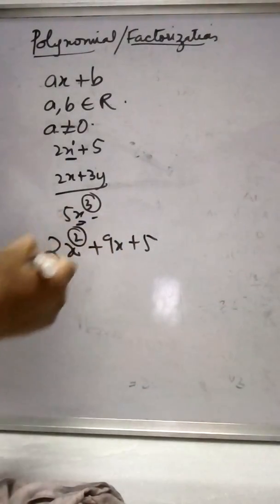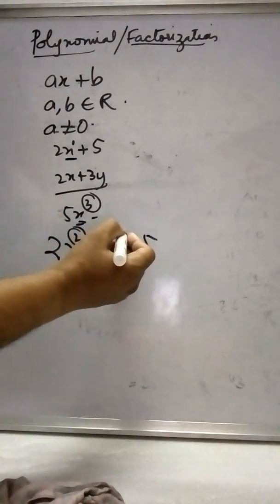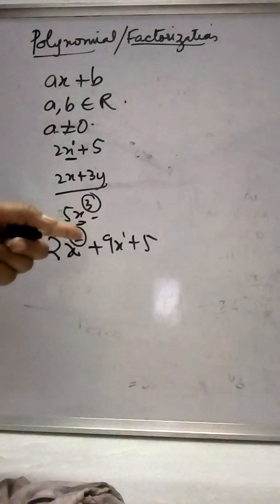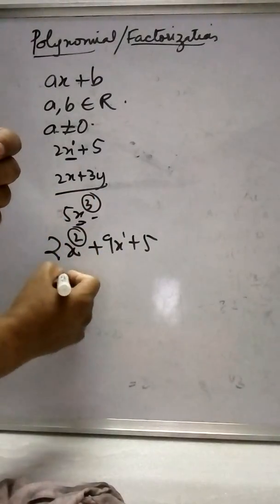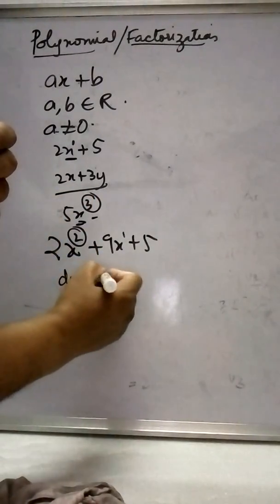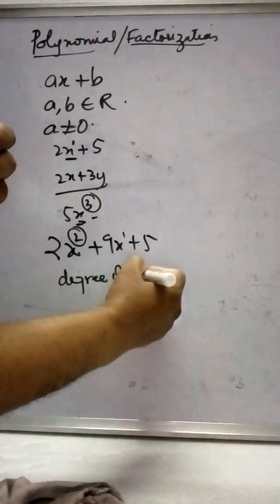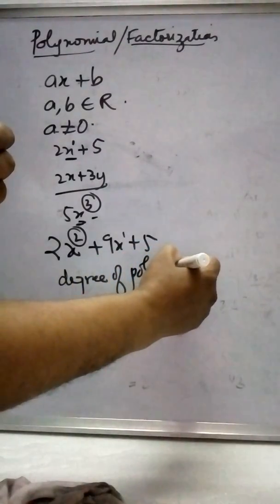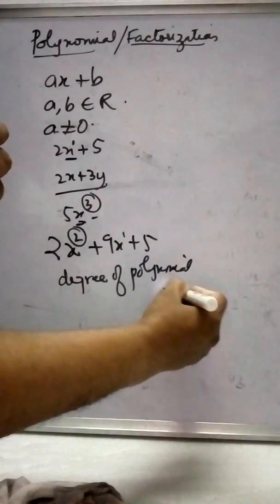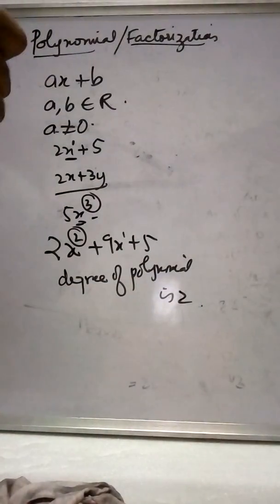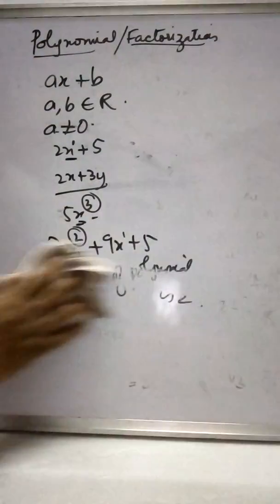The power of x is 2 and the power of x is 1. So this is the highest power. So the degree of the polynomial is 2.